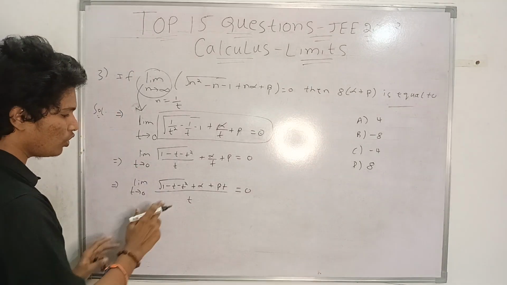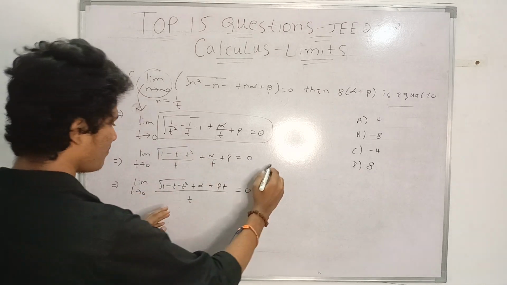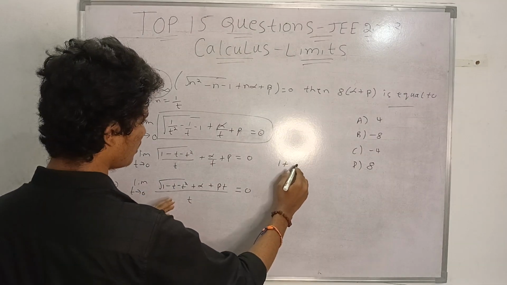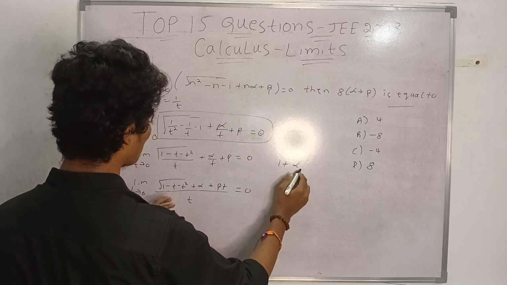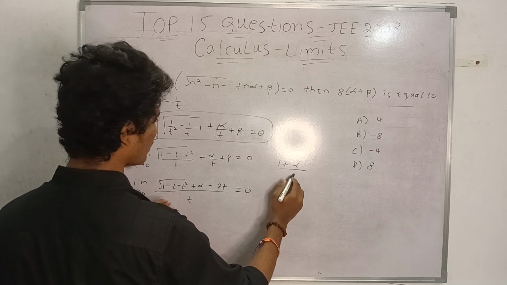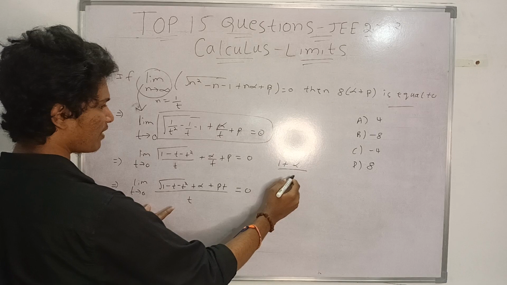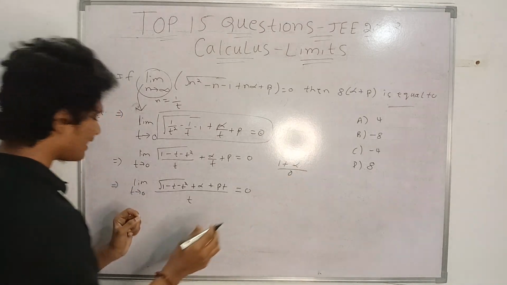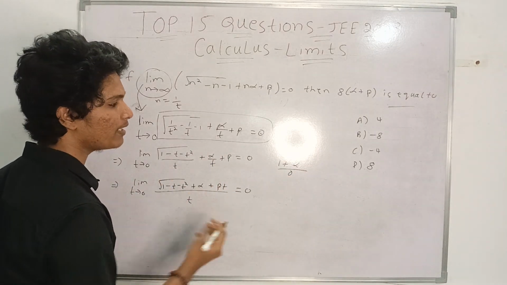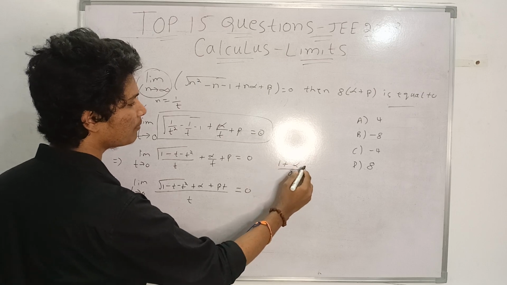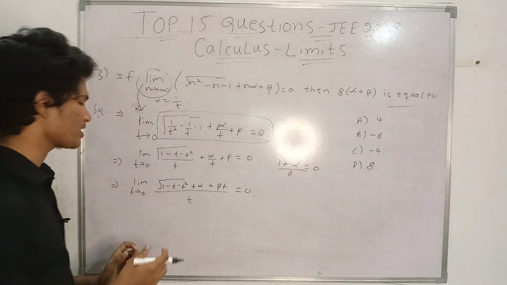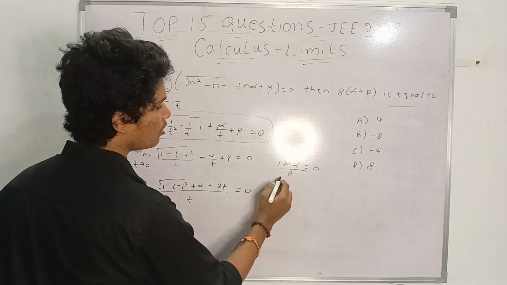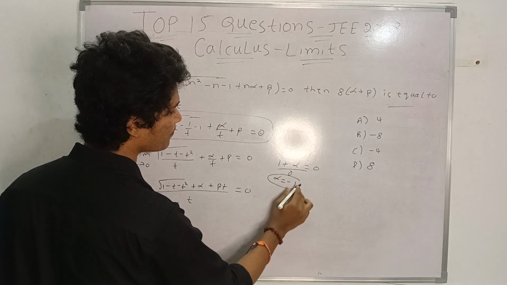When t tends to 0, the numerator portion will become 1 plus alpha divided by 0. So basically the limit, what we can say here is 1 plus alpha must be equal to 0 because the limit should exist when we substitute t equal to 0. Alpha equal to minus 1, it is clear here.